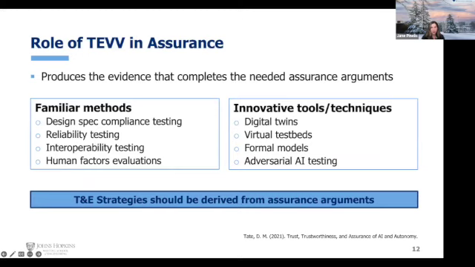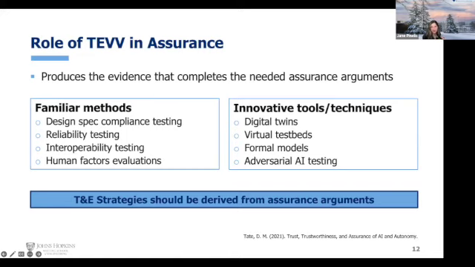The way that traditional test and evaluation factors in AI assurance, there's a lot of overlap. And test and evaluation tends to produce a lot of the evidence that we need to build our assurance arguments.